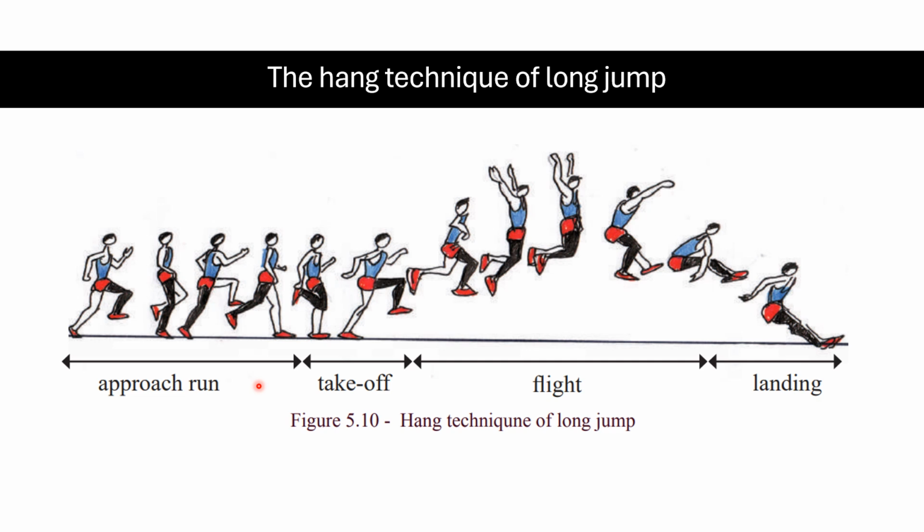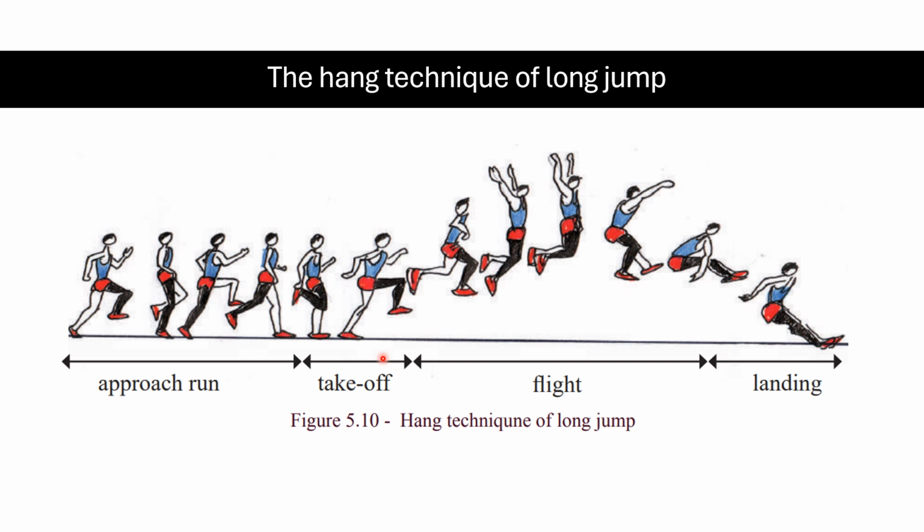And after that comes the takeoff, the 2nd stage of the long jump. Takeoff means the moment the takeoff leg touches the takeoff board. We can assume that there's a takeoff board somewhere here. The takeoff leg is the leg which touches the takeoff board. So the moment the takeoff leg touches the takeoff board and the moment it straightens out, getting ready for the flight, can be called the takeoff stage.